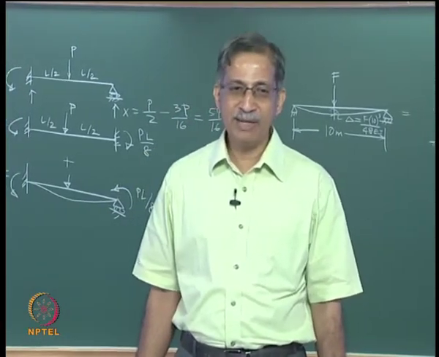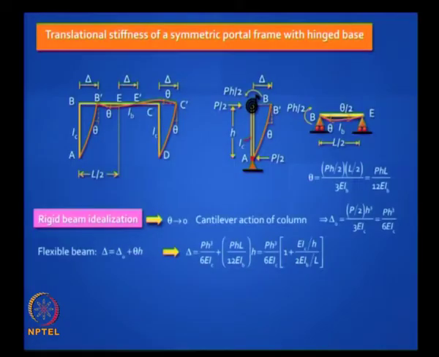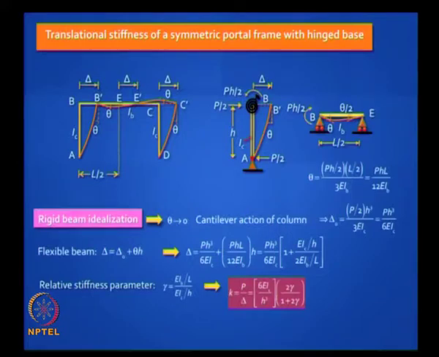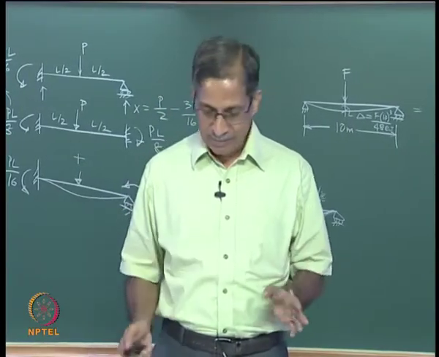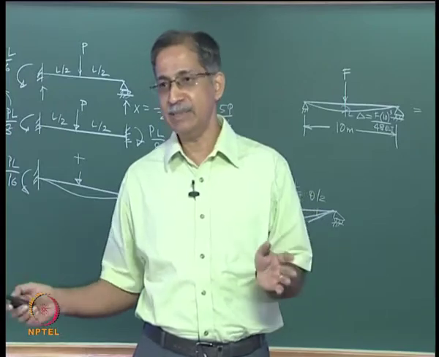If you simplify it, you can write an expression for delta, you have a value of theta, and if you bring in a stiffness parameter which we have introduced earlier, EIB by L to EIC by H, then you can write an expression for K. This is not very important, okay. I just want you to get a general sense of how we can simplify things, but I want you to remember the limits.